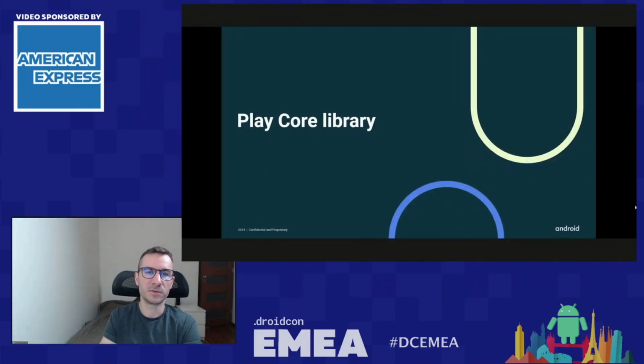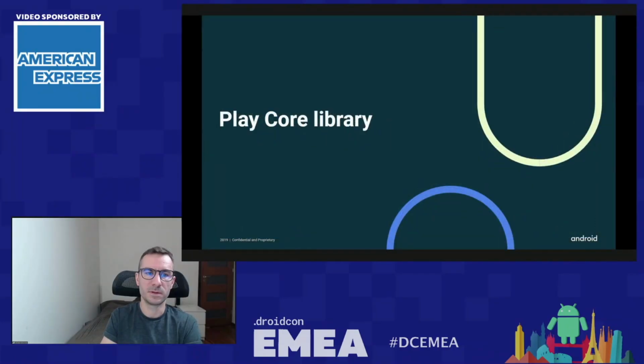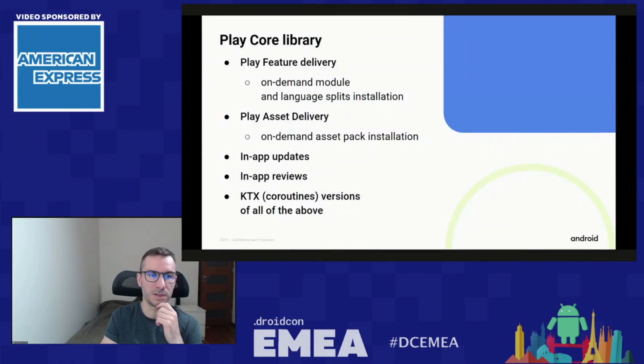And as I mentioned before, both these technologies use something called the PlayCore library, which contains APIs that you will use to dynamically install and uninstall feature modules and asset packs that are delivered through both of these. Now, the PlayCore library, as I said, currently contains 4 APIs.